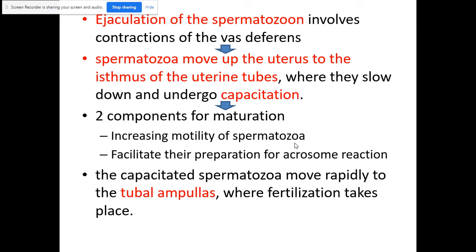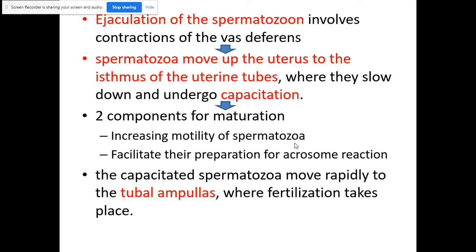This further maturation process involves two components: number one, increasing the motility of the spermatozoa, and number two, facilitating their preparation for the acrosome reaction. However, the role of capacitation appears to be facilitatory rather than obligatory, because fertilization is readily produced in vitro.